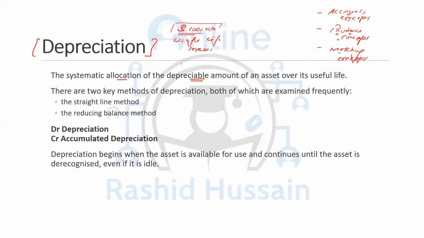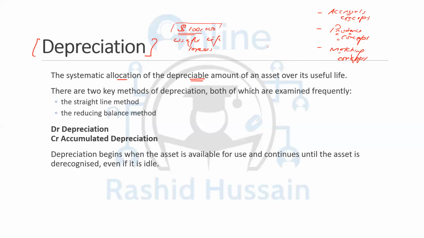So if you're not recording the depreciation, that is going to be the misapplication of the matching concept as well, because you're only recording the revenue related to that asset and you are not recording the related expense. And it is also related to the accruals concept, that income and expense should be recorded in the period to which they relate. Now you're using the asset, the depreciation is an expense, so you should record that particular expense in the correct period to which it relates.